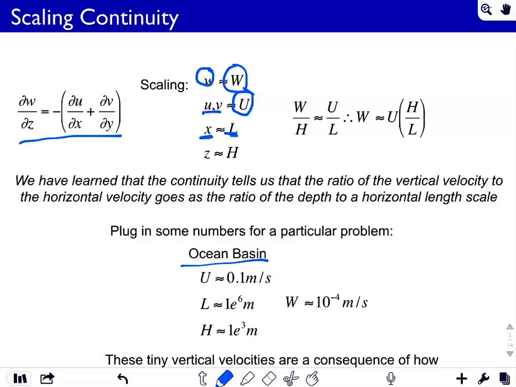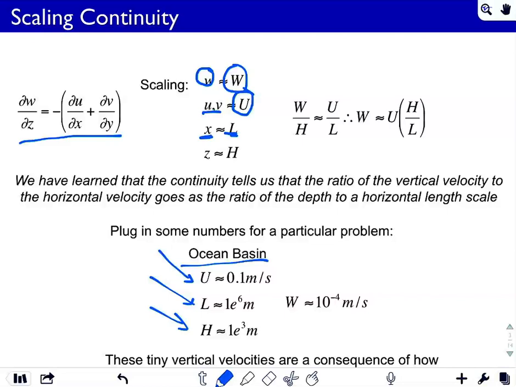So we're talking about ocean basin down here, and we're thinking about what are velocity scales: tens of centimeters per second. What's a length scale? About 1,000 kilometers or bigger. What's a depth scale? About 1,000 meters. So this is back of the envelope calculations. We're doing a rough estimate just to get a sense of the different size of these terms.